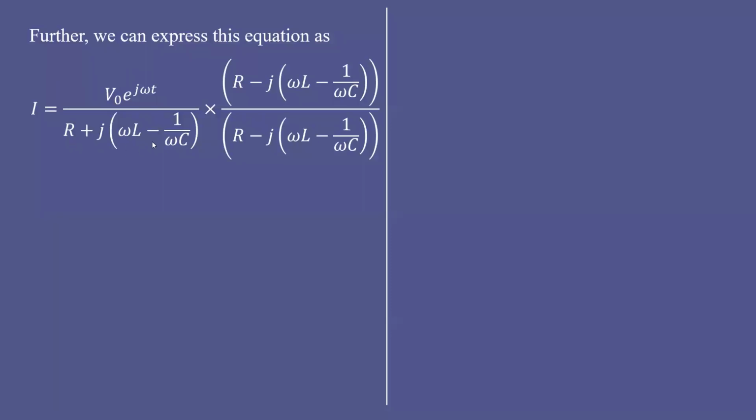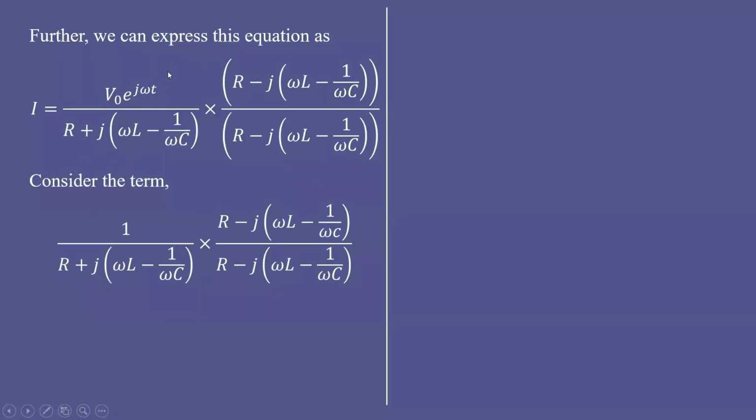Here a is R, and b is j into (omega L minus 1 by omega C). (a plus b) into (a minus b) is nothing but a square minus b square, which is the general identity. Considering this term only, the denominator will be R square plus (omega L minus 1 by omega C) the whole square.